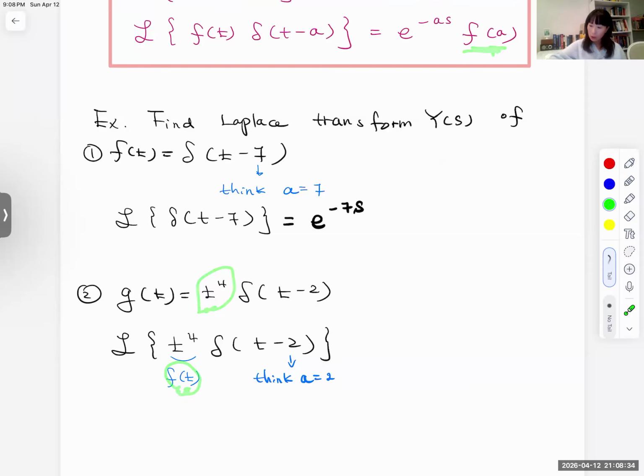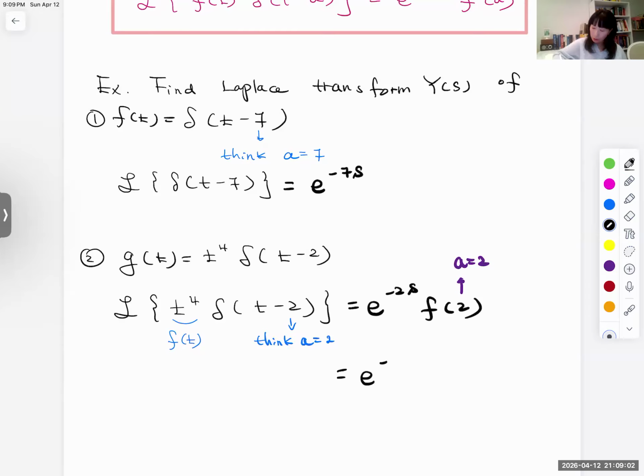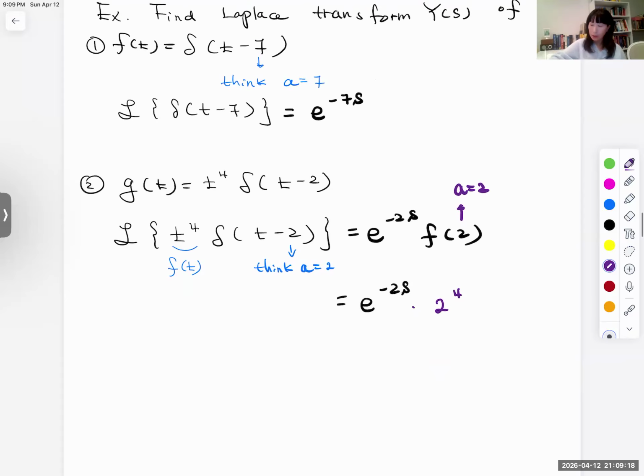Let me write everything together: e to the negative 2s and f of a, where a equals 2. So we put the 2 into the function: e to the negative 2s times 2 to the fourth power.